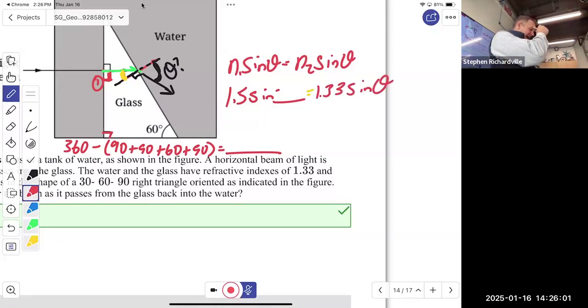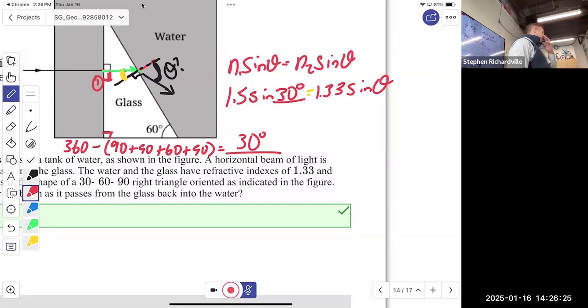So what angle is that? 270, 330, 30? I don't think that's the easiest pitch in the world, but I also don't think that's one we're going to take the L on. I think that's one we need to be able to get.